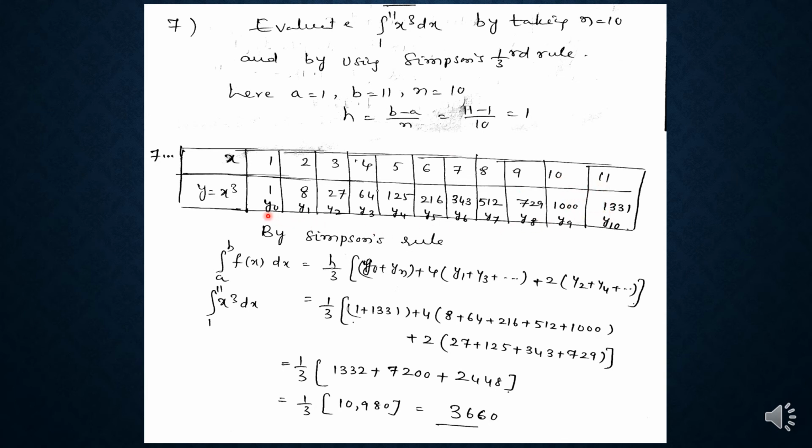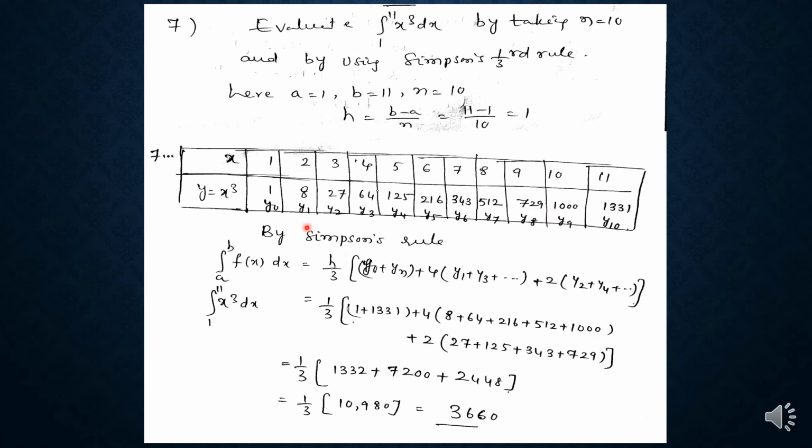So these are the ordinates. This is x0, x1, x2, up to x10, and the corresponding y values are y0, y1, y2, up to y10.